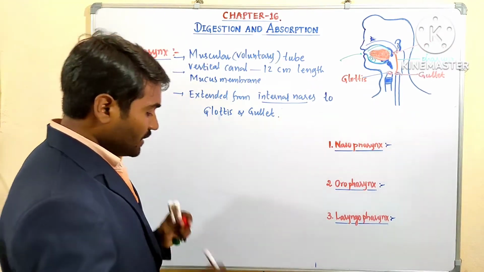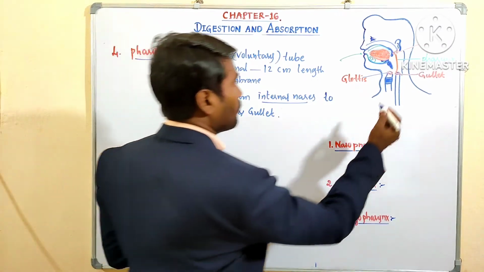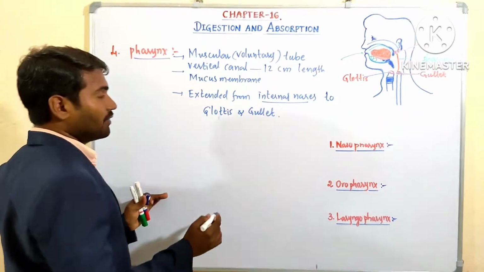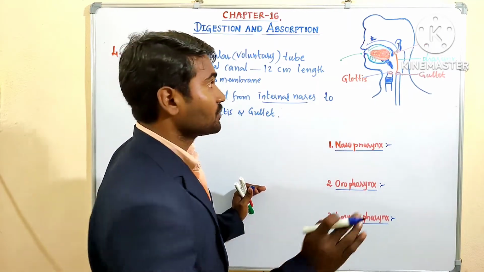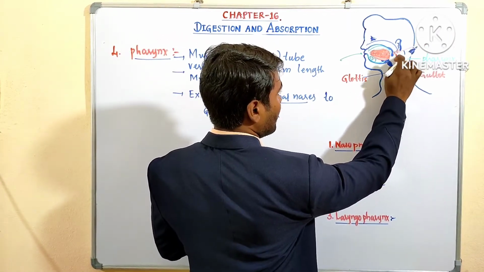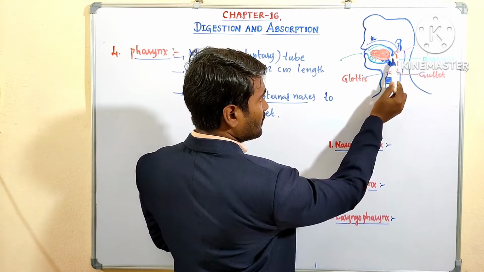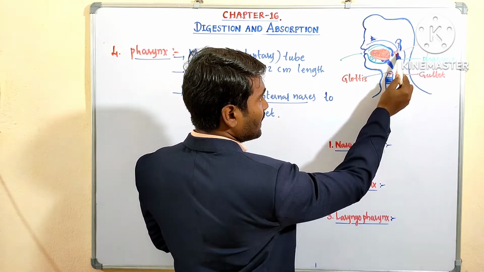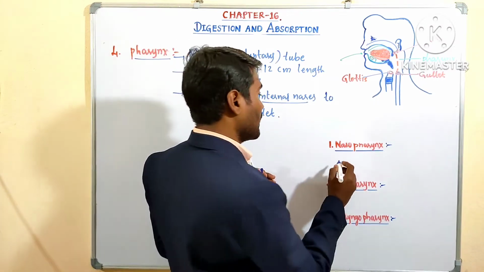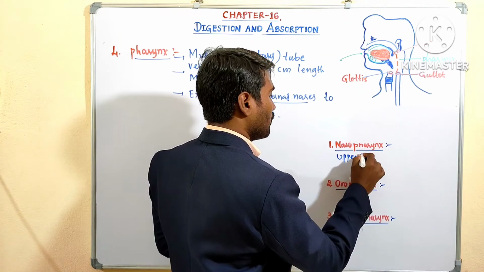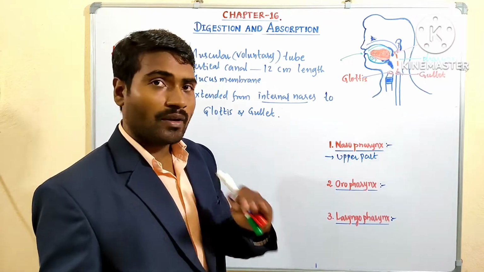Now this pharynx shows three different regions. Of course, it is a tube, but it shows three different areas. The first division is called the nasopharynx. This total area, which is very near to the nasal cavity or the internal nares, the upper part of the pharynx, is called the nasopharynx.